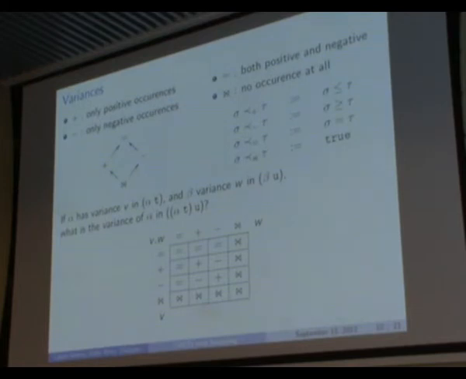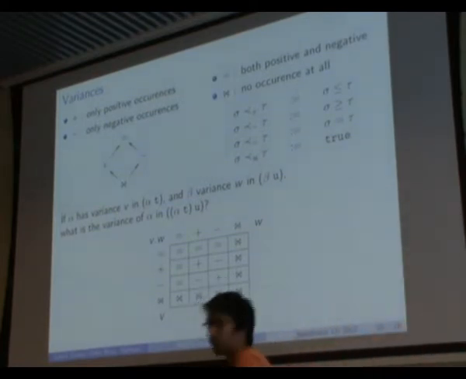And this definition of what is a composed variance of alpha is this operation, v times w, which I define here. You can work it out, it's quite easy. For example, if alpha is contravariant in t and beta is contravariant in u, well, minus times minus gives plus, as you can see here. Okay.